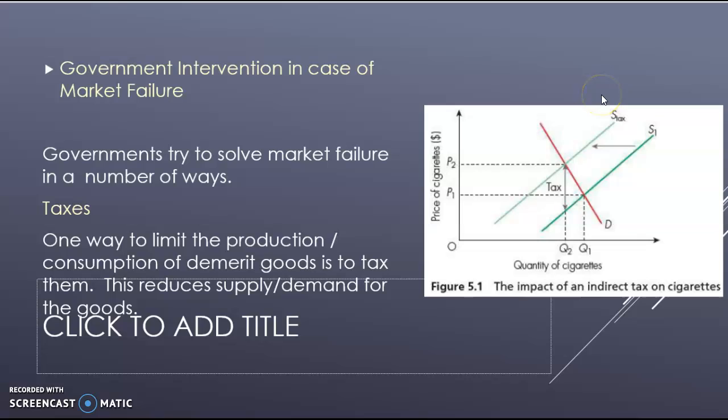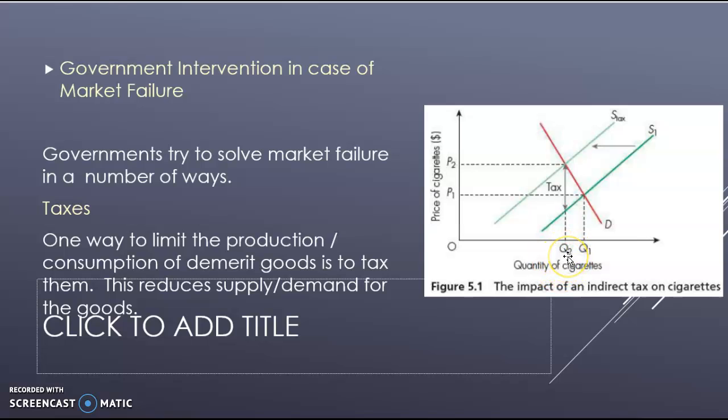So is this effective in achieving the government's goals? Does it stop people smoking? Well, yes, it does. As the supply curve shifts to the left here, we can see the equilibrium price has risen from P1 up to P2, and the quantity of cigarettes has fallen from Q1 across to Q2 here.